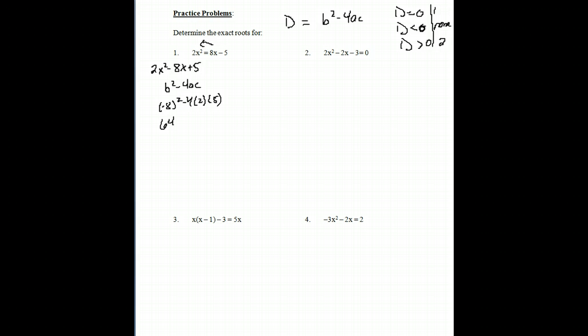So 64 subtract 2 times 5 is 10, 10 times 4 is 40. And right here now, 64 subtract 40, 24. Now that is bigger than 0. So 24 is bigger than 0. We should expect to see two roots.